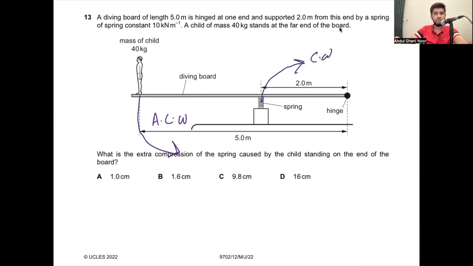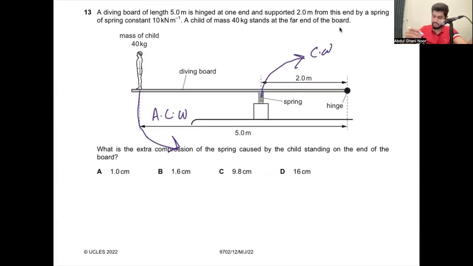So the clockwise moment is equal to the anti-clockwise moment, which means 40 into 9.81, which is the weight, multiplied by the distance from the pivot, which is 5 meters, is equal to the force F exerted by the spring on this board multiplied by the distance, which is 2 meters.